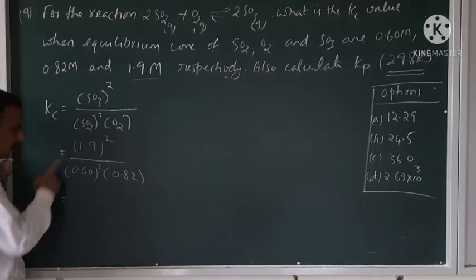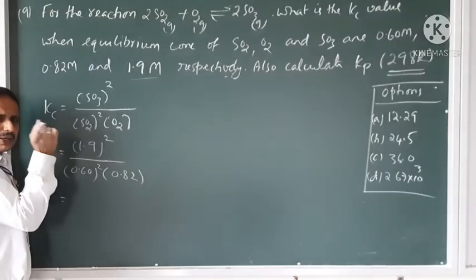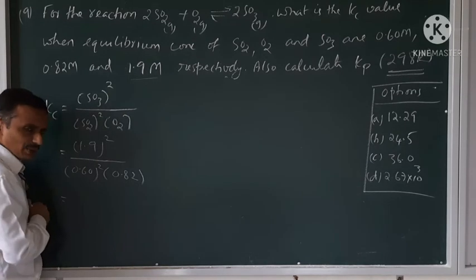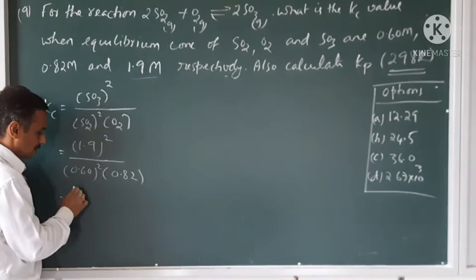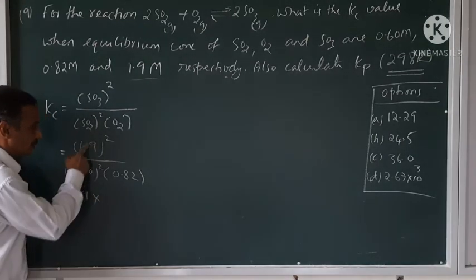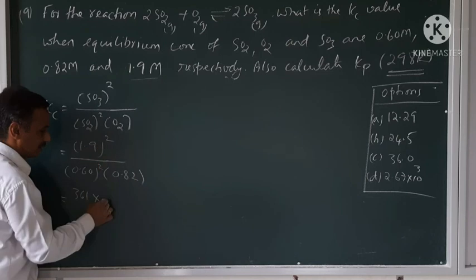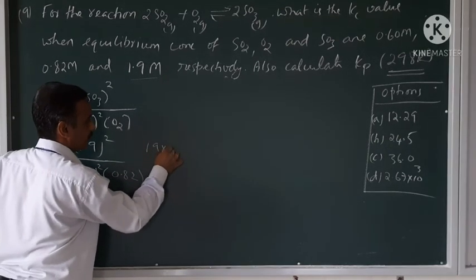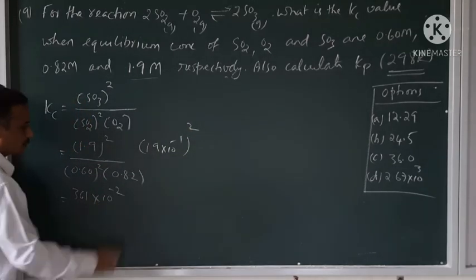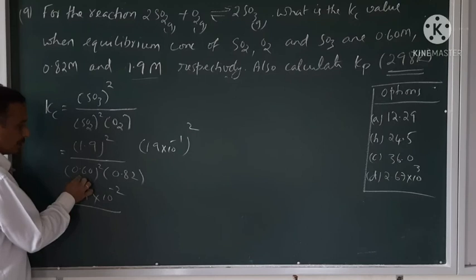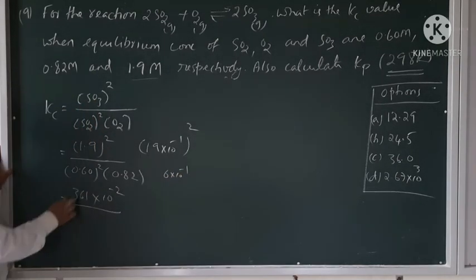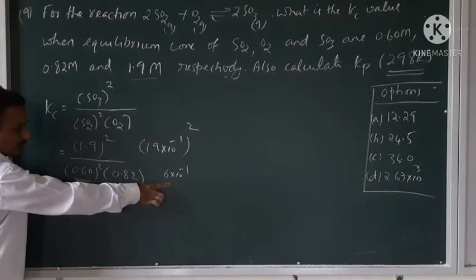Now what you can do is, with 1.9 you may make a mistake, so make it 19. 19 squared is 361. 19 is 19 into 10 to the power minus 1, and this is squared, so it becomes 10 to the power minus 2. Then 0.60 I can make it 6 into 10 to the power minus 1.